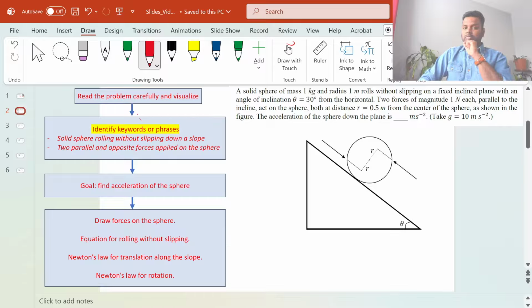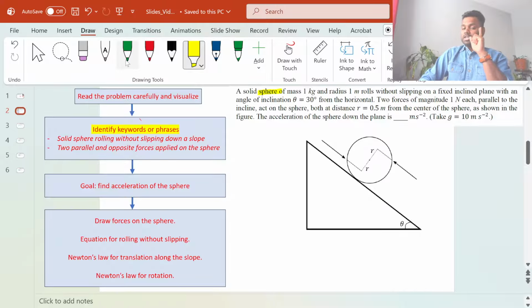So if you read the problem, it says there is a sphere, and this is very important because it is not a disk, right?